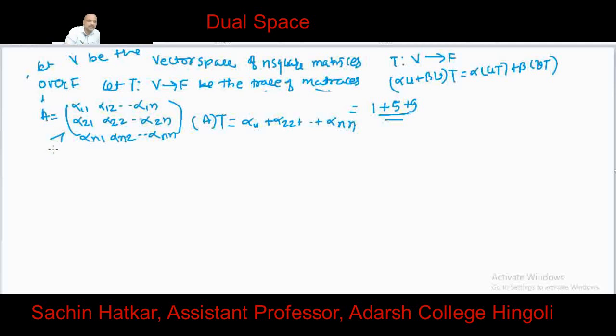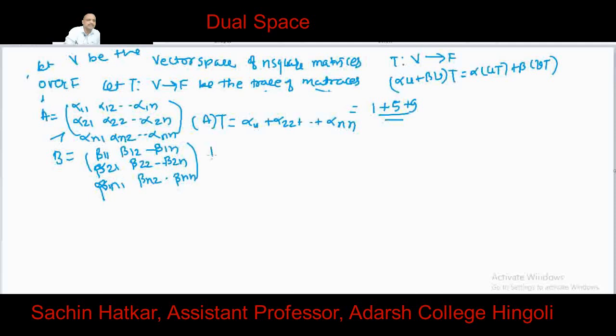Now suppose we have another matrix B, where instead of alpha we take beta 11, beta 12, up to beta 1n, beta 21, beta 22, up to beta 2n, and beta n1, beta n2, up to beta nn.